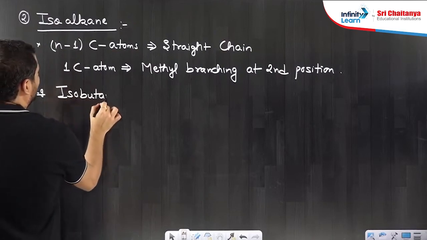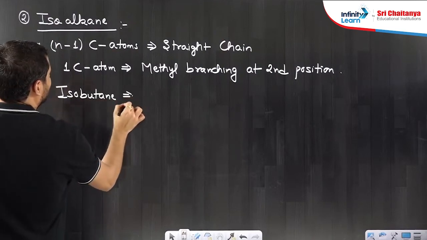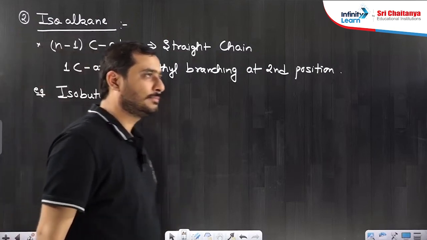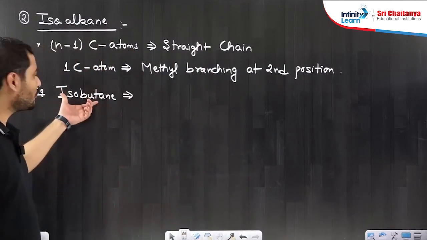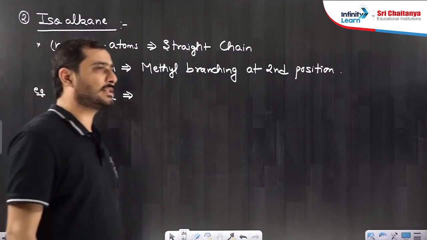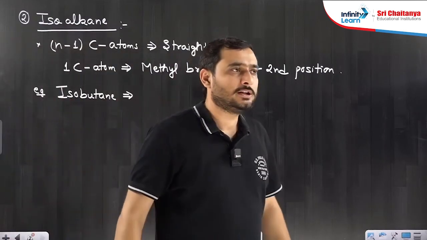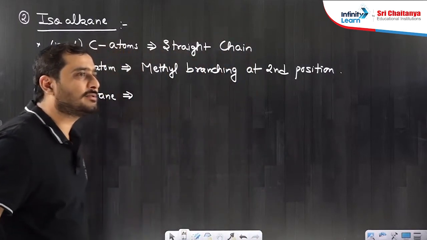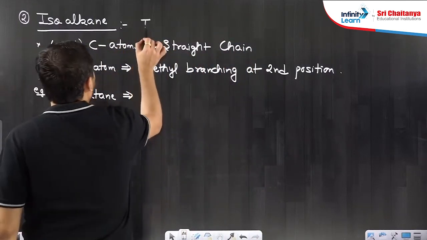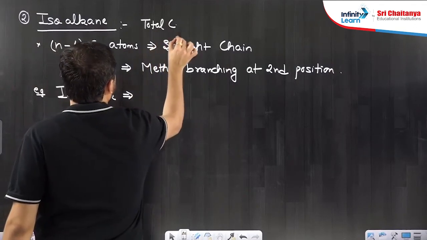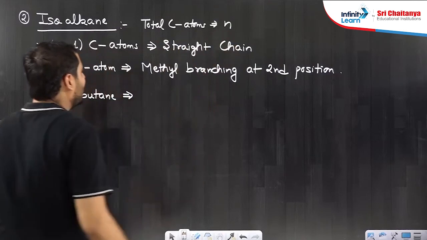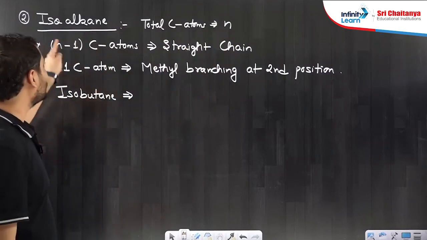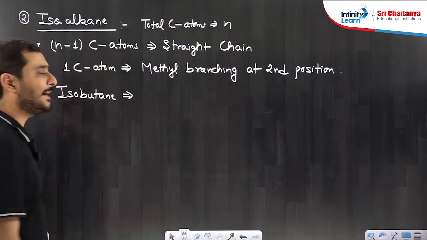Now in isobutane you have to tell how many total carbon atoms are present. I am asking total carbon atoms, not in the parent chain. Isobutane, the word root represents the total number of carbon atoms. So butane means how many carbon atoms? Here total carbon atoms are n, so here total carbon atoms are 4. So 4 minus 1, 3 carbon atoms we have to write in a straight chain.